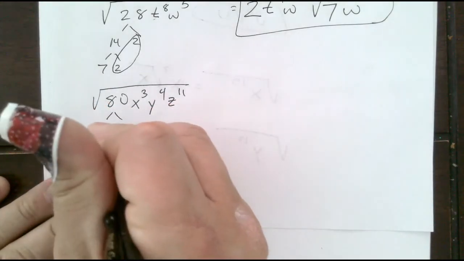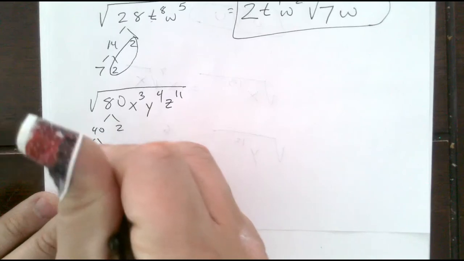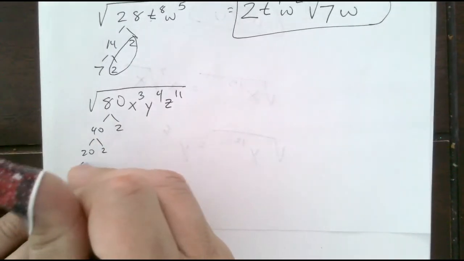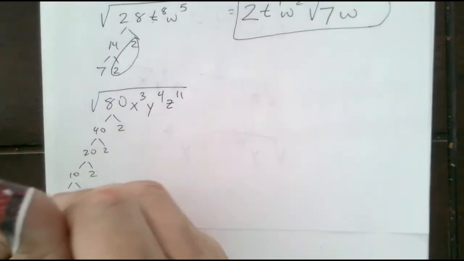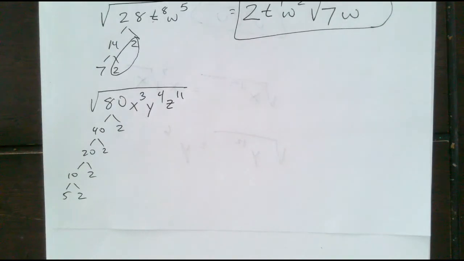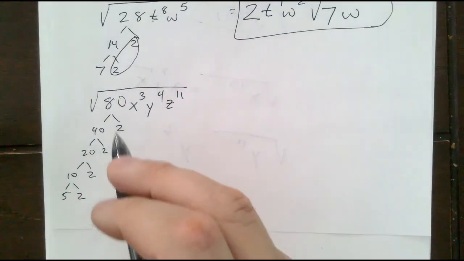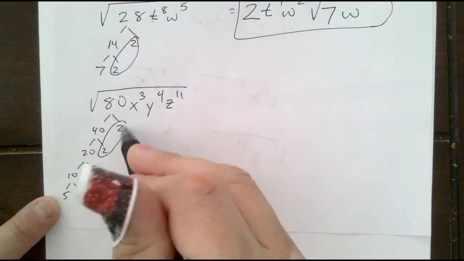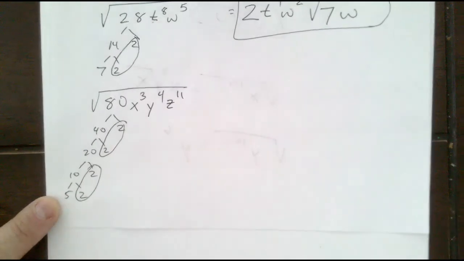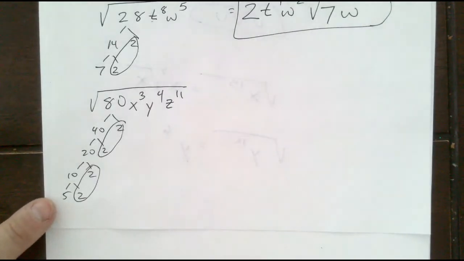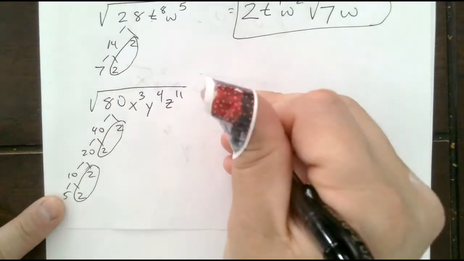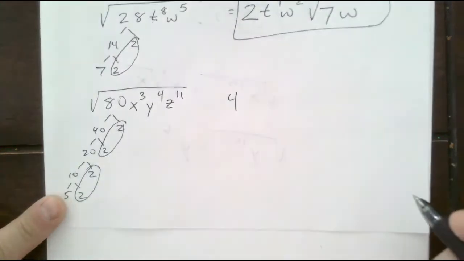Here we go. 40 and 2, 20 and 2, 10 and 2, 5 and 2. Do we have any pairs? We have one pair of 2's and another pair of 2's. So when we bring out those two 2's, we know we have to multiply them. So on the outside, we're going to have 4.